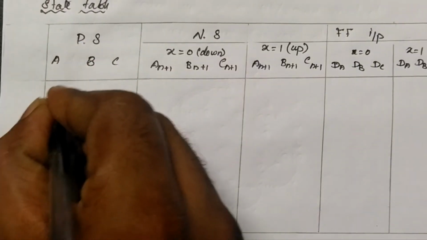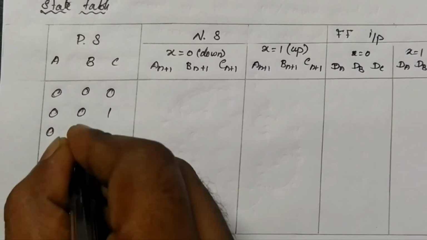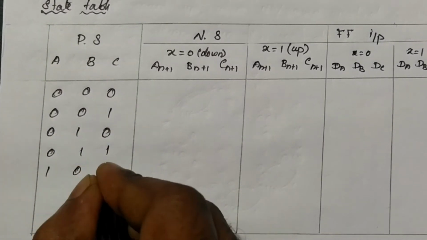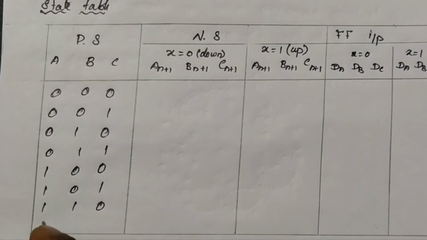Present state values are 0 0 0, 0 0 1, 0 1 0, 0 1 1, 1 0 0, 1 0 1, 1 1 0, 1 1 1.